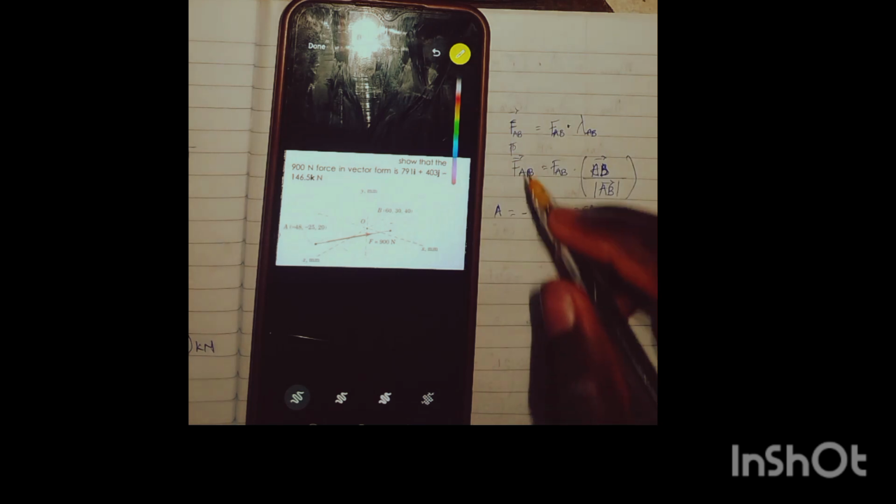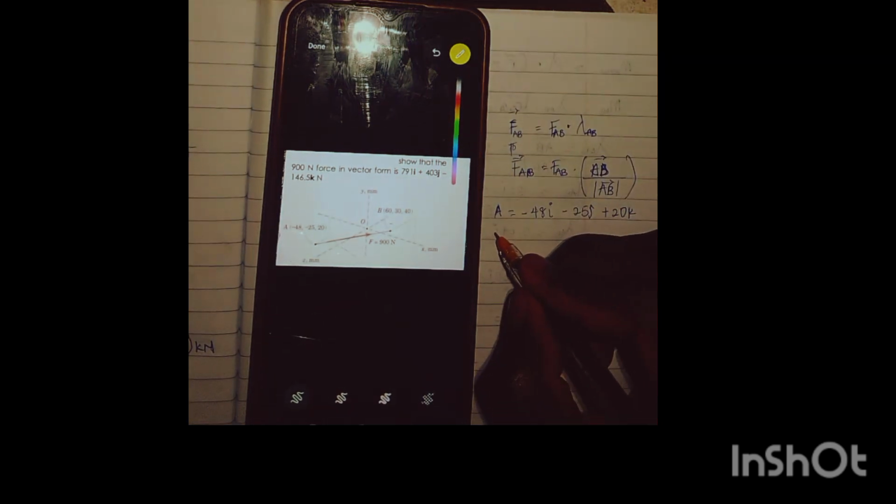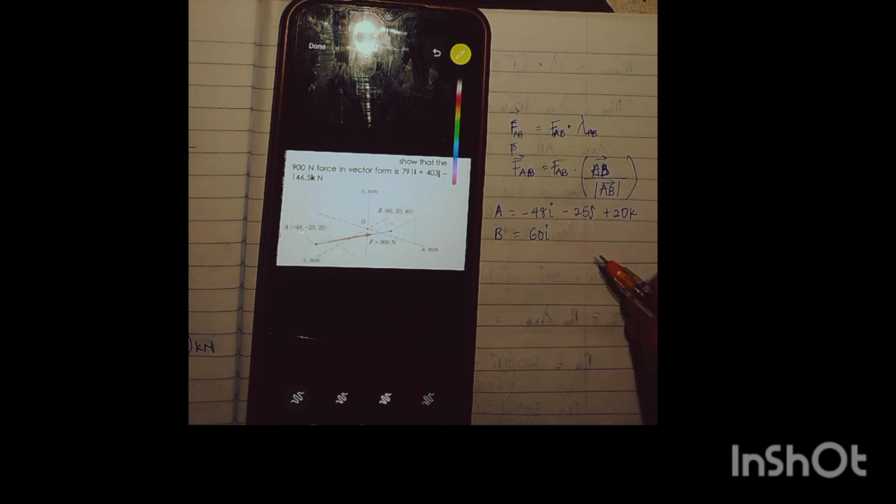So, and we know if we want to get the position, let's also write our B out first. Our B is 60 in i direction, also positive 30 in j direction, and positive 40 in k direction.